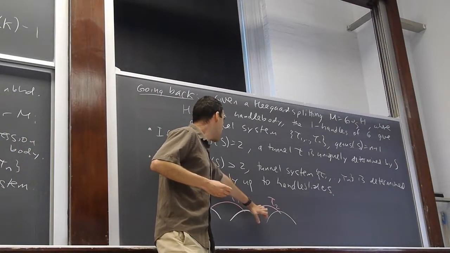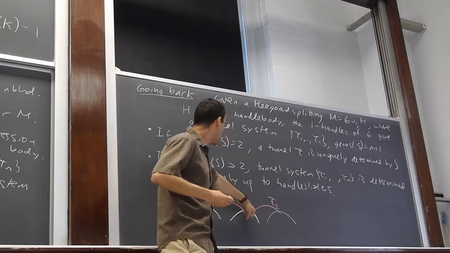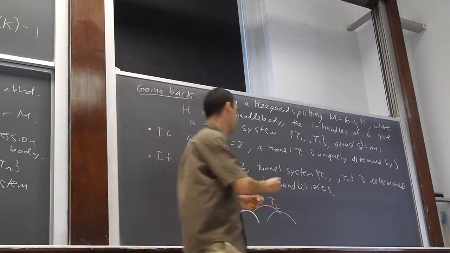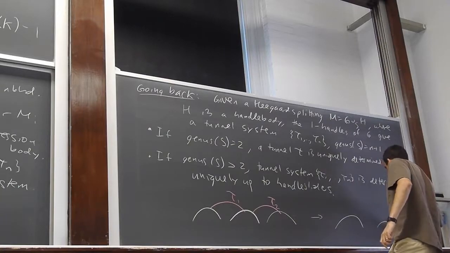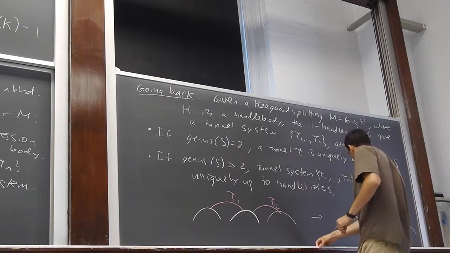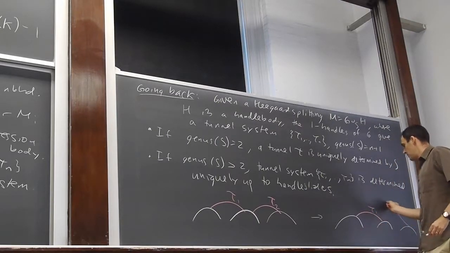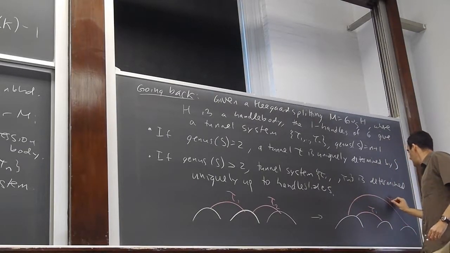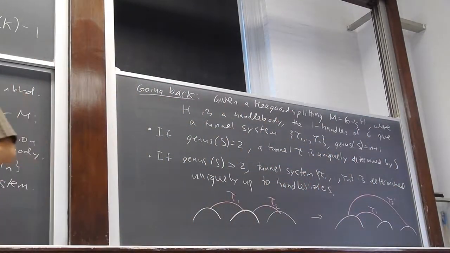And the point is that you don't change the surface if you just take one of these endpoints of tau 2 and drag it over tau 1. So you can do these moves, and up to these moves. So far, so good?